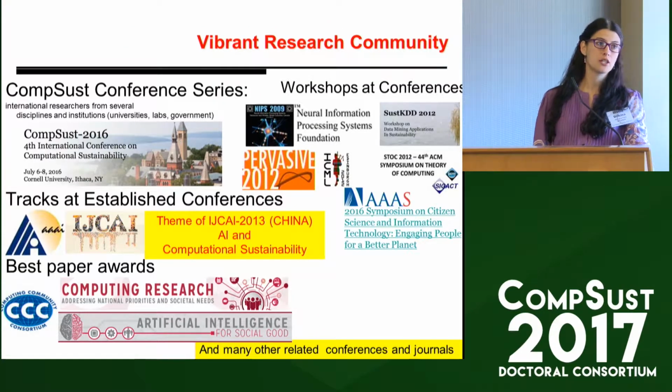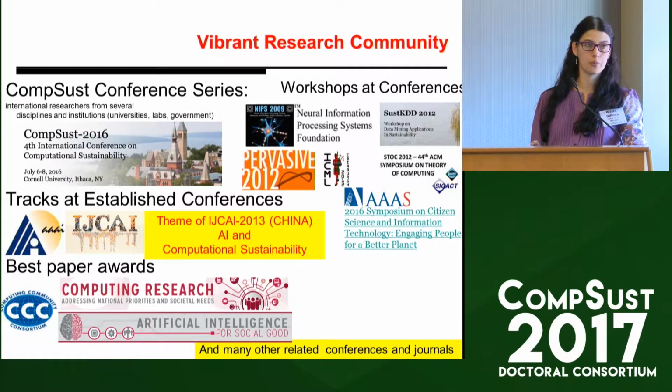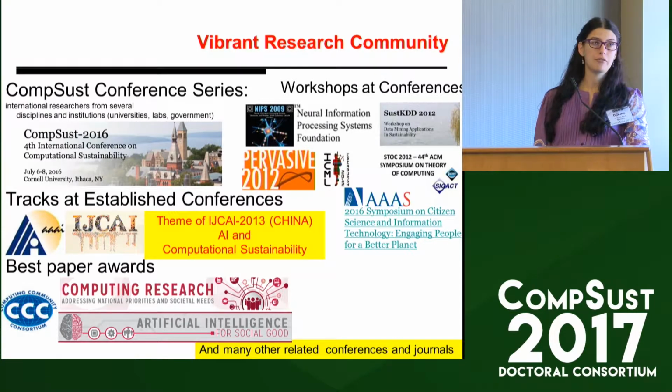We have a CompSust conference series, which we've had already 4 international conferences on computational sustainability. The next one is going to be next year. We have tracks at established conferences like the AAAI Conference on AI and the International Joint Conference on AI, which have also Best Paper Awards specifically in computational sustainability research.